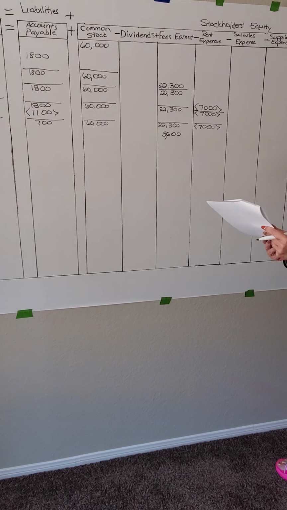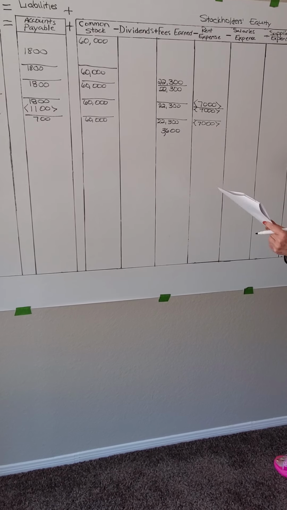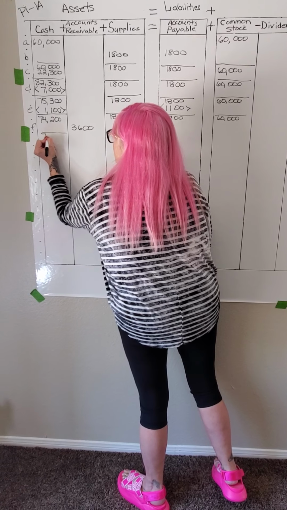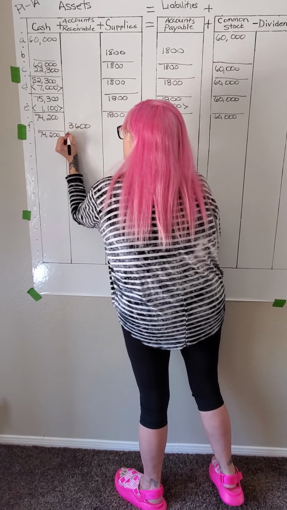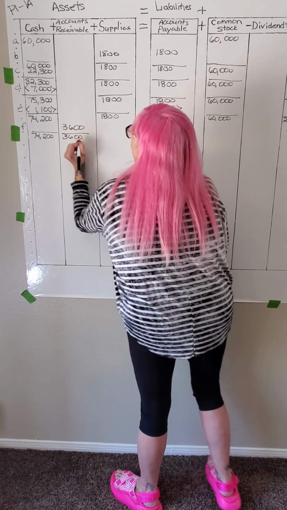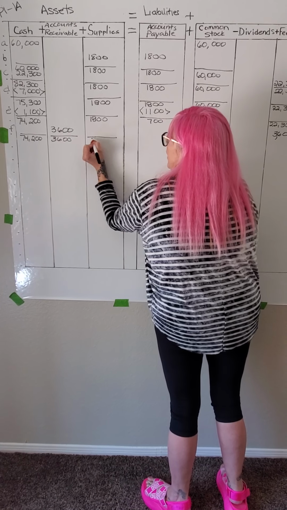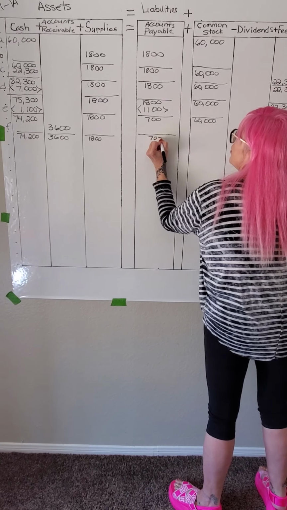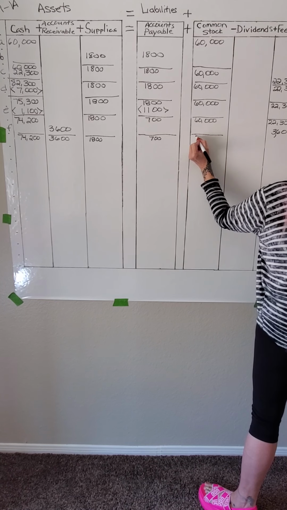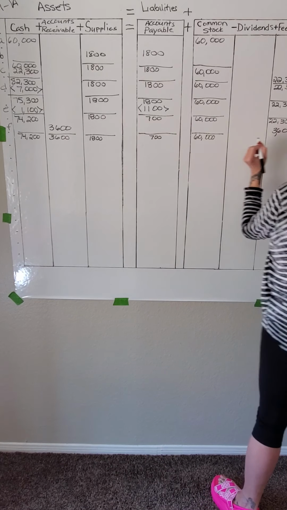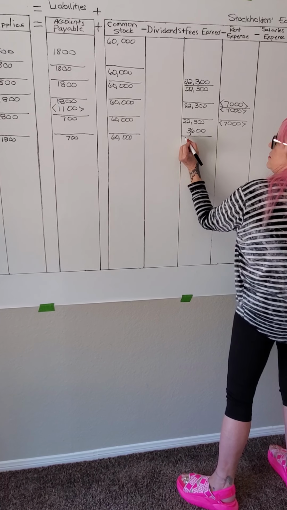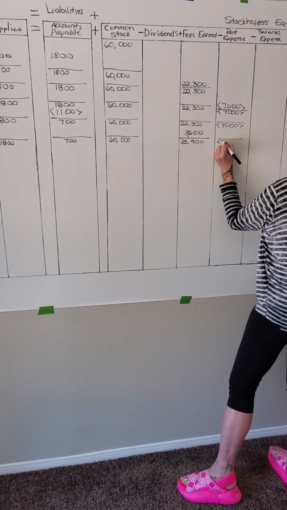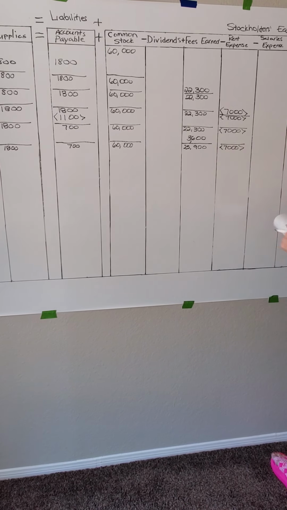I want to make sure I get all my math right here. Our new balances are $74,200 for cash, $3,600 for accounts receivable, $1,800 for supplies, $700 for accounts payable, $60,000 for common stock, $25,900 for fees earned, and $7,000 for rent expense.